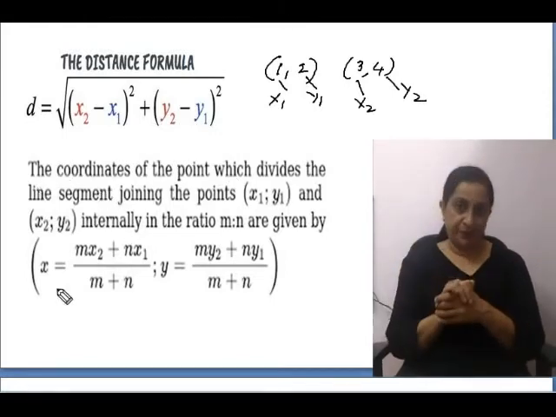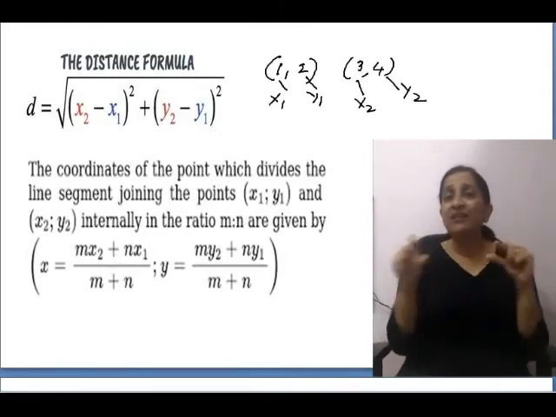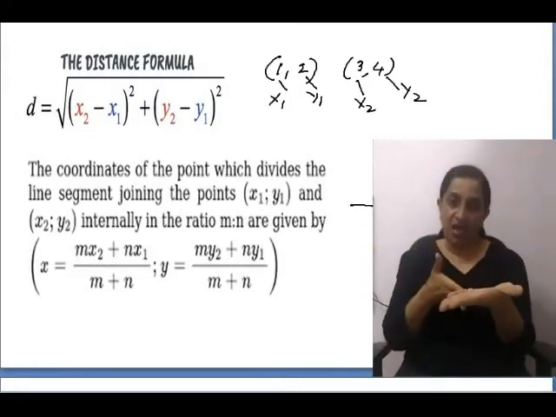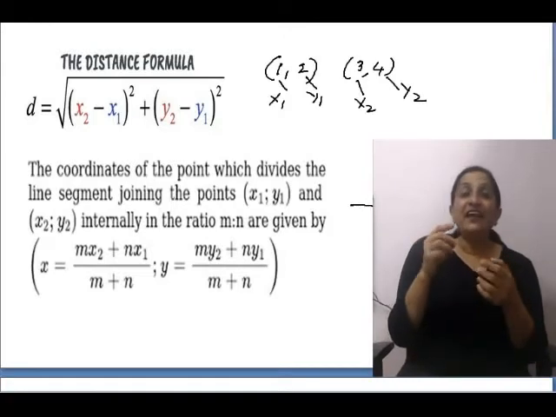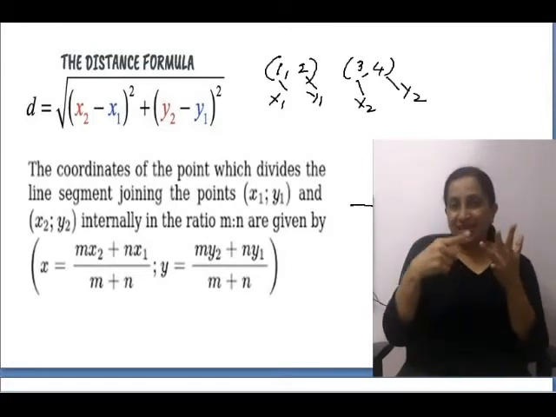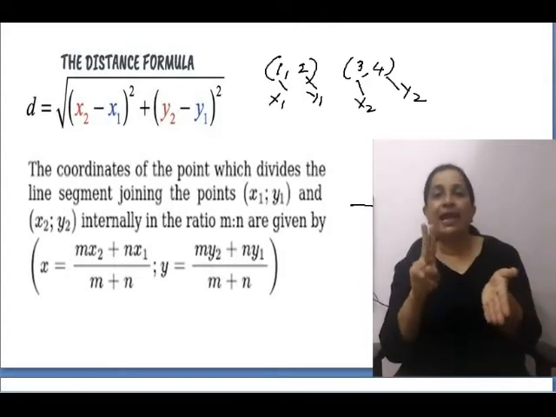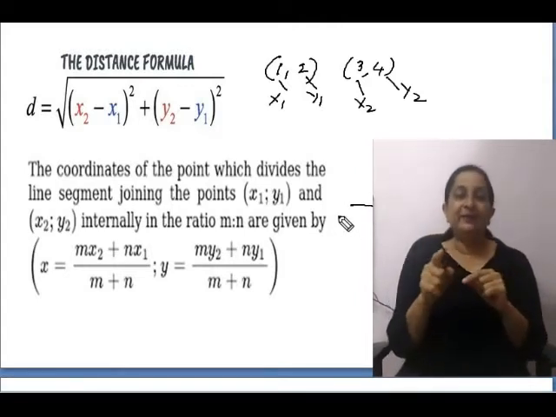Next, one more formula is when a straight line is divided in a particular ratio. Let us say this line is divided in the ratio of m is to n.